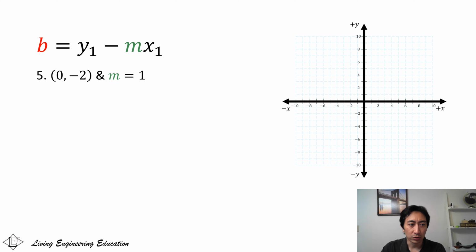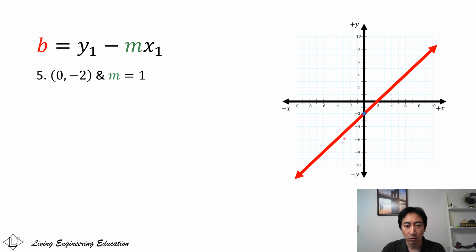And for the last problem we'll solve together, we have a point 0, -2, and a slope of 1. Now this one's an interesting one because the point that we're given is on the y-axis. So what does that tell us? That tells us that it already gives us our y-intercept of 0, -2.